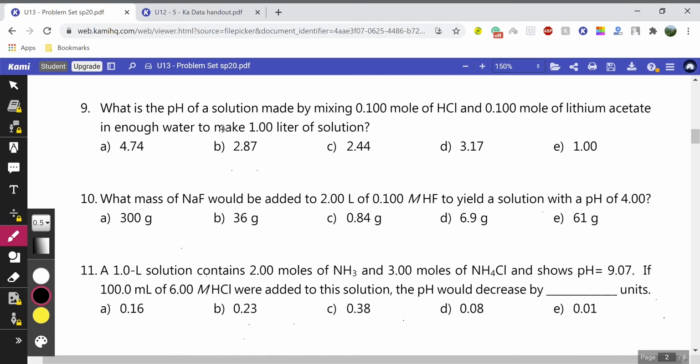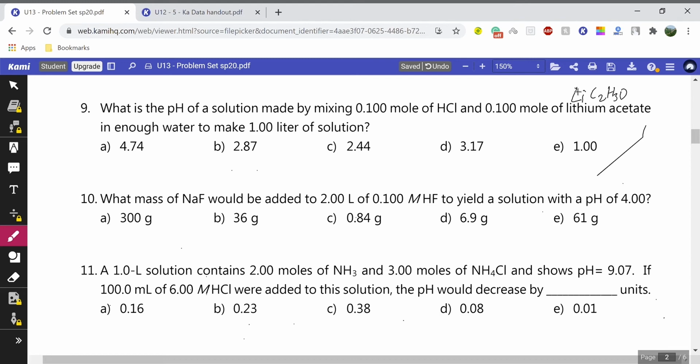Now, what is the pH of a solution made by mixing 0.1 mole of HCl and lithium acetate? Lithium acetate is LiC2H3O2. Now, LiOH is a strong base, so Li is a weak conjugate acid, so we can remove the Li.